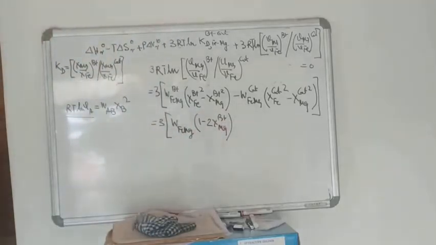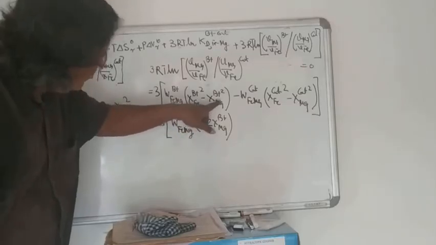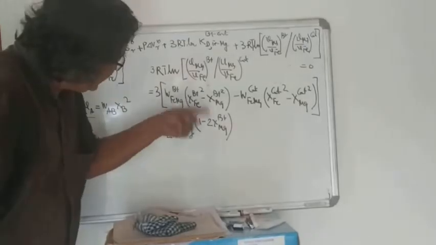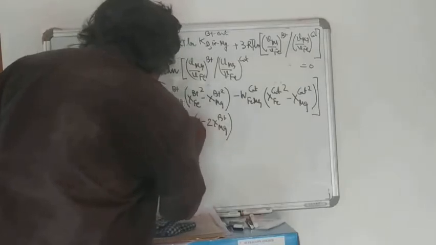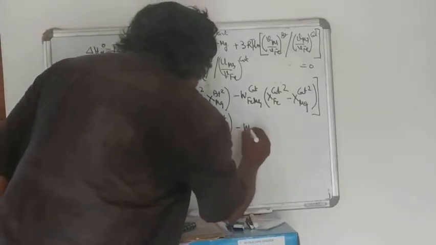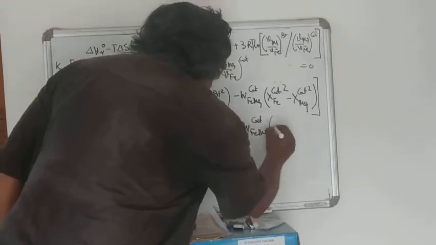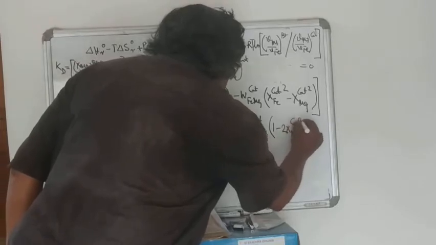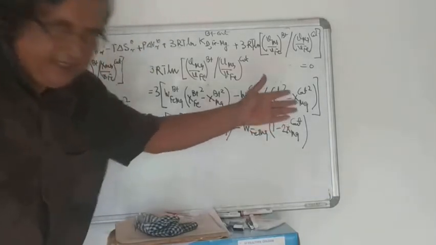You see that? Why? Because X_Fe minus X_Mg into X_Fe plus X_Mg. X_Fe plus X_Mg is 1, but X_Fe is 1 minus 2X_Mg biotite. And this one is biotite. And therefore minus W_FeMg garnet into 1 minus 2X_Mg garnet. This is what essentially it is.